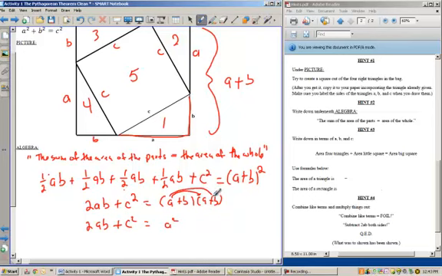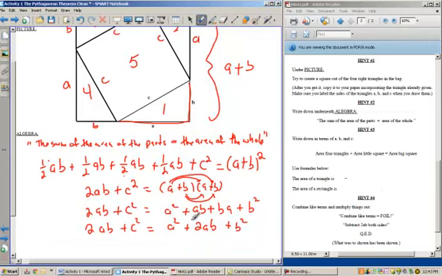The outer 2 terms, A times B. The inner terms, B times A, so plus B times A. And the last 2 terms, B times B, so plus B squared. I'm going to combine like terms on here, and so I get 2AB plus c squared equals A squared plus AB plus BA, which is the same as 2AB, plus B squared.